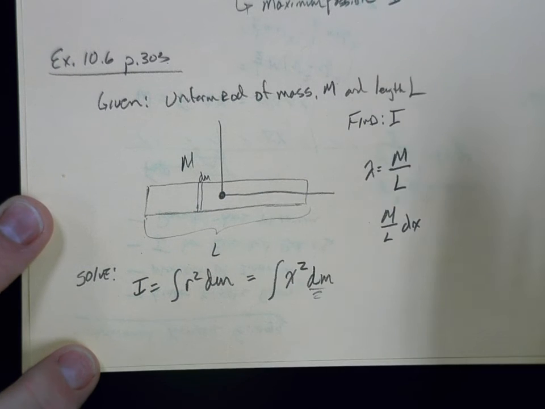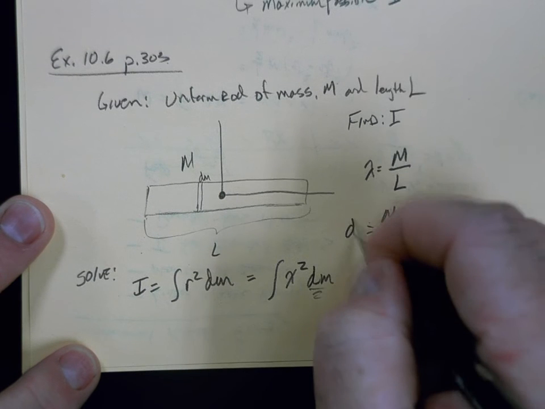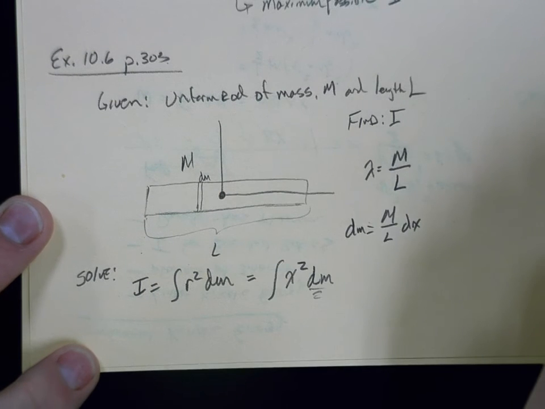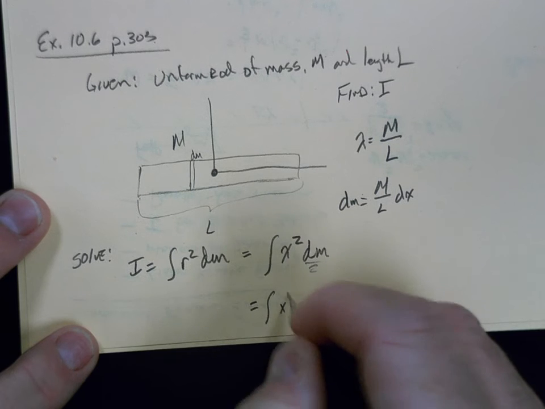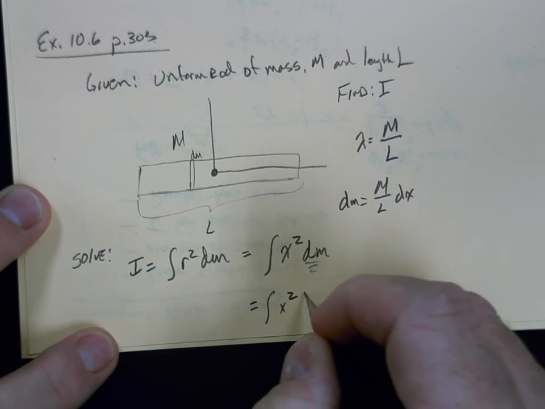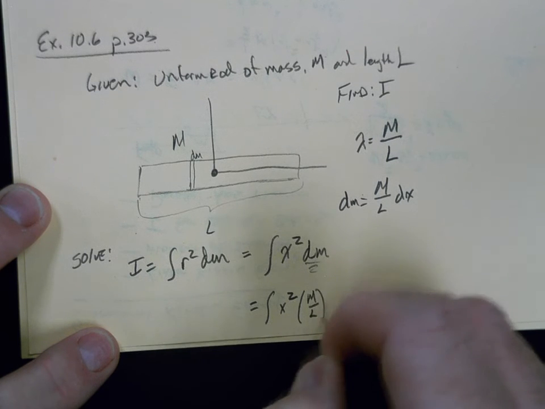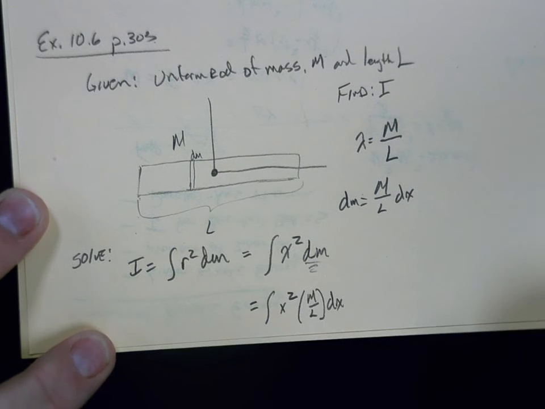All right, so that means that our integral is going to be the integral of x squared times m over L dx. And this is what we're going to integrate.